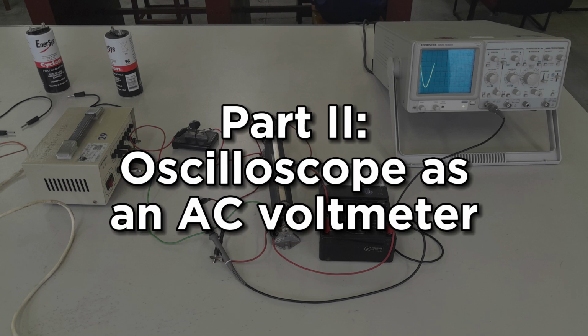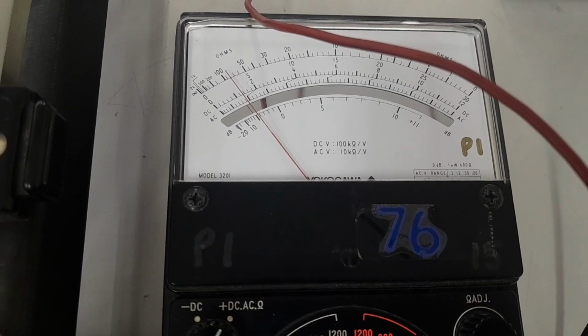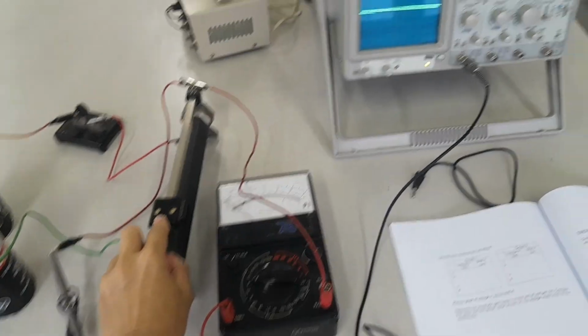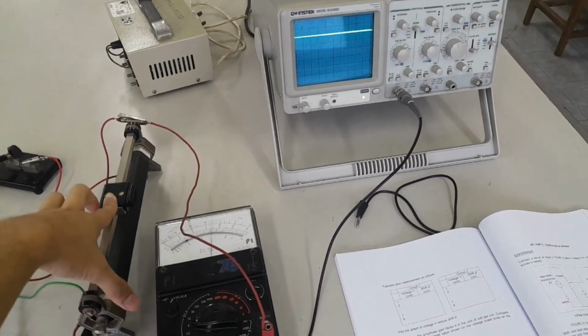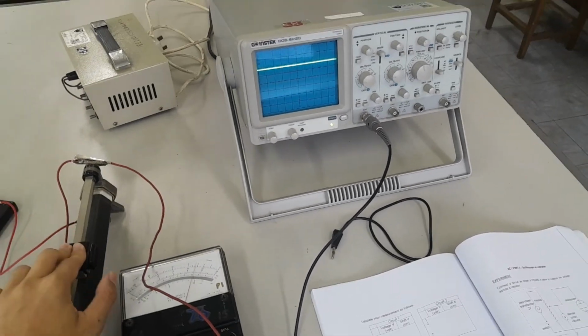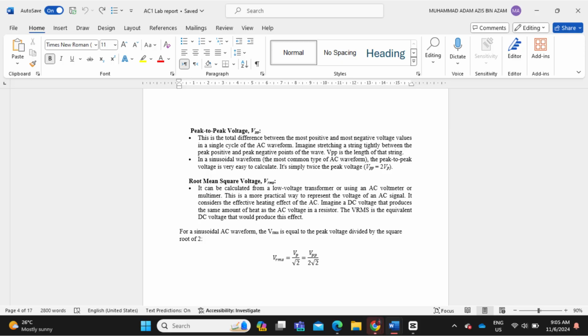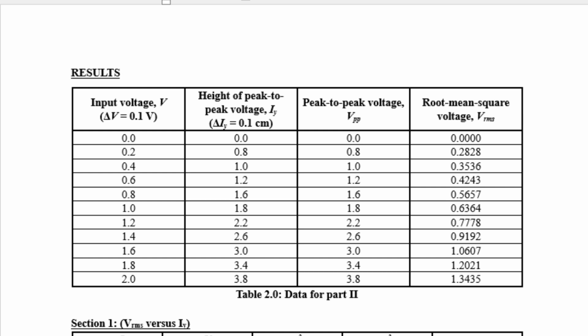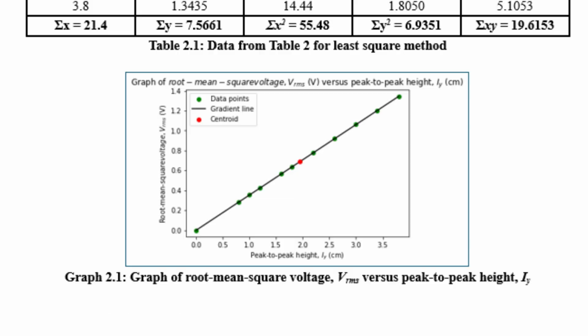The next part is the oscilloscope as an AC voltmeter. For this part, I ensured that the voltmeter was set to alternating current. By adjusting the rheostat, the voltage input differs which changes the peak-to-peak height, denoted IY. Then I find the values of the peak-to-peak voltage, VPP, and the root mean square voltage, VRMS, using the given formulas. From the results I obtained, I found two relations. Firstly, the VRMS is proportional to IY.